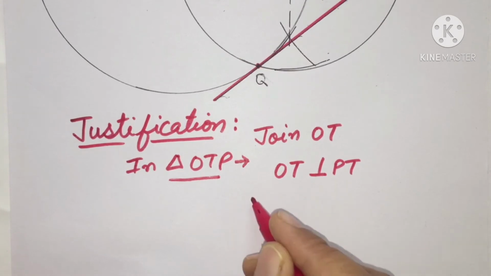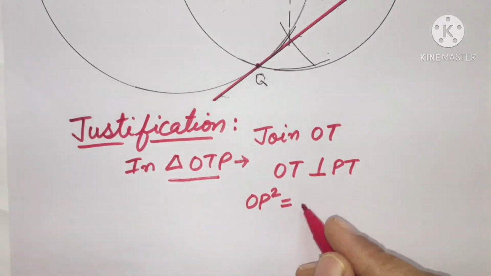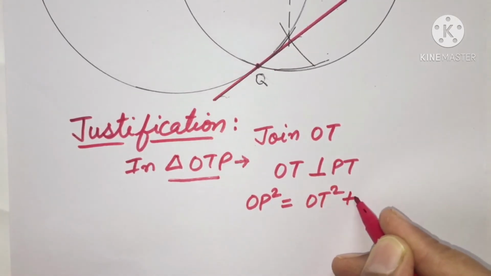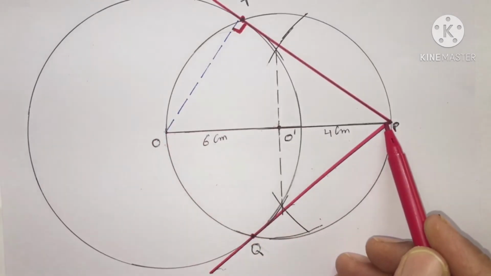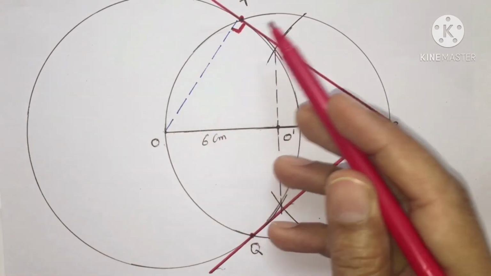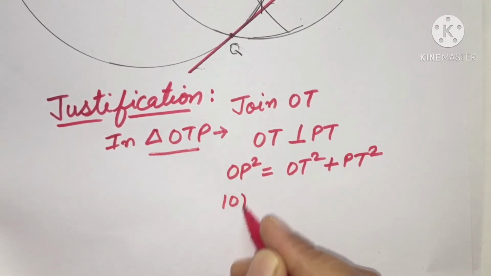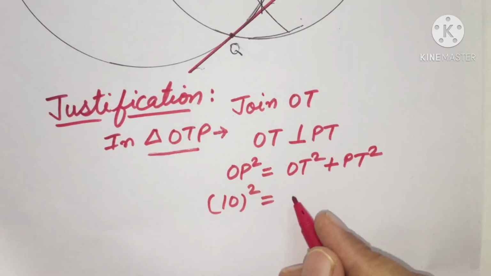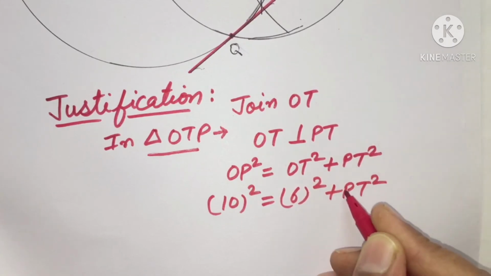So according to the Pythagoras theorem, hypotenuse square is equal to the sum of the squares of the other two sides, and the other two sides are OT square plus PT square. This is the hypotenuse. OP square, hypotenuse, is equal to OT square plus PT square. We know OP is 10 centimeter and OT is the radius, and radius is 6 centimeter, so 6 square plus PT square.